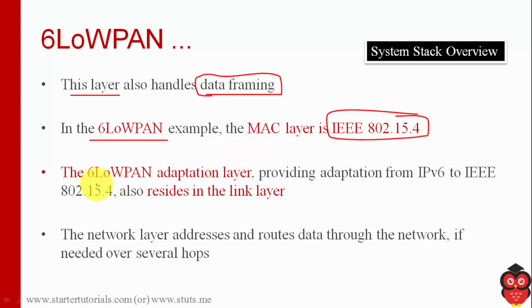As I have shown you in the previous slide, in the protocol stack, the 6LoWPAN adaptation layer provides adaptation from IPv6, you can say conversion, modification or transformation, from IPv6 to IEEE 802.15.4.